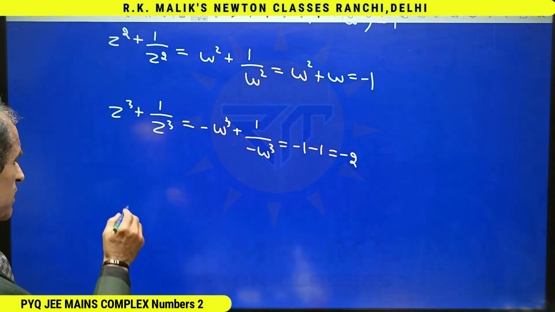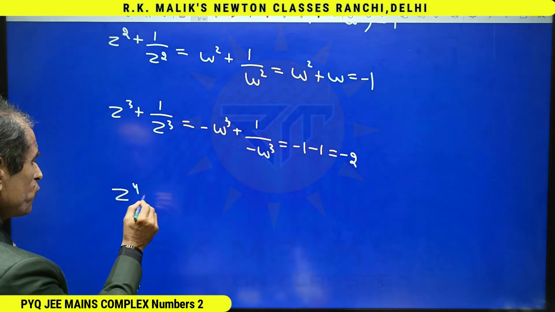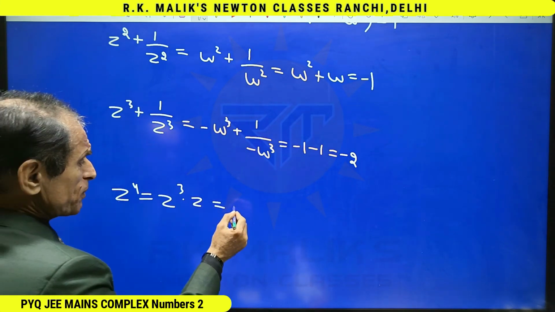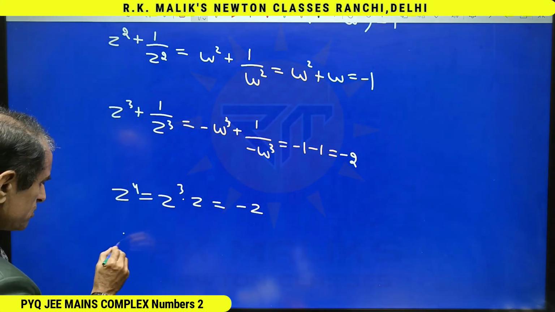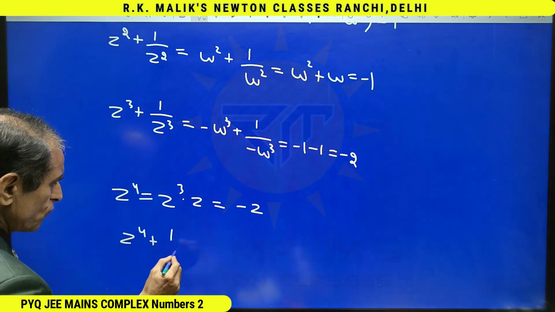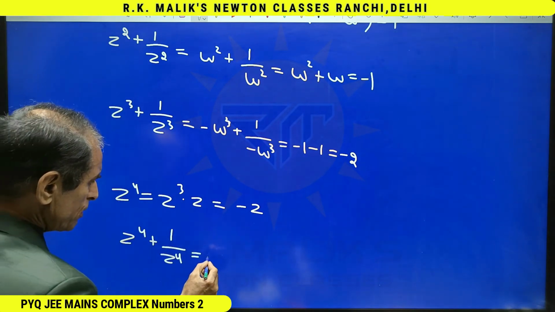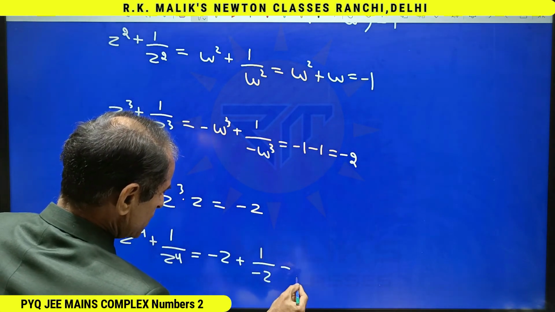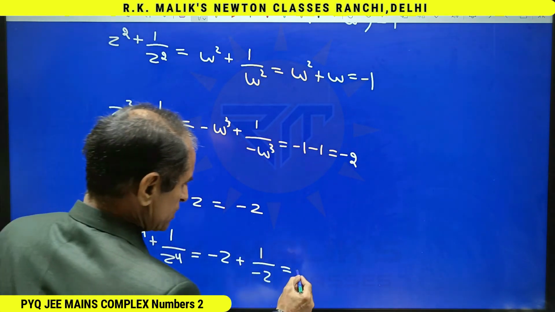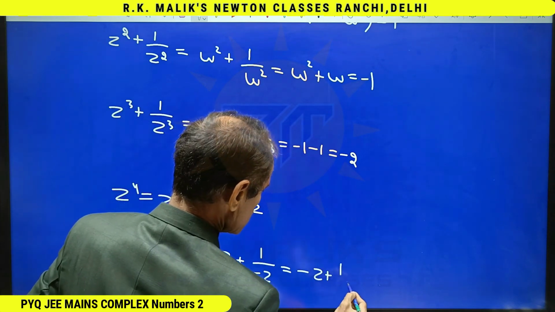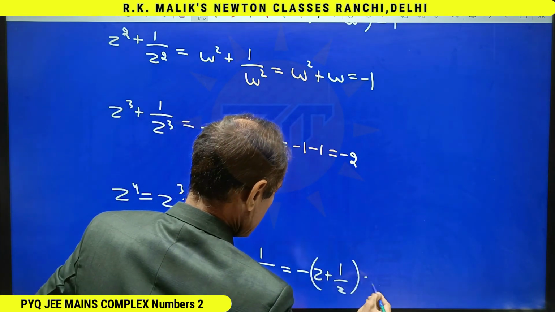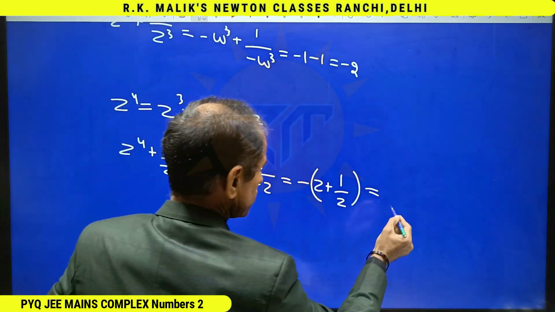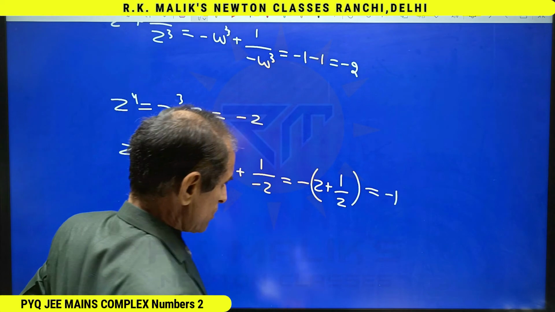And now keeping in mind that Z to power 4 is Z cube into Z and Z cube is minus 1, hence Z to power 4 plus 1 by Z to power 4 will be minus Z plus 1 upon minus Z, that is minus of what we have already calculated as 1, hence we will get minus 1 here.